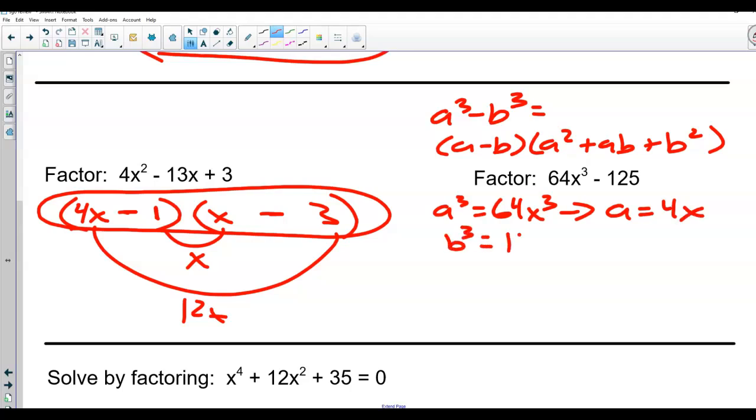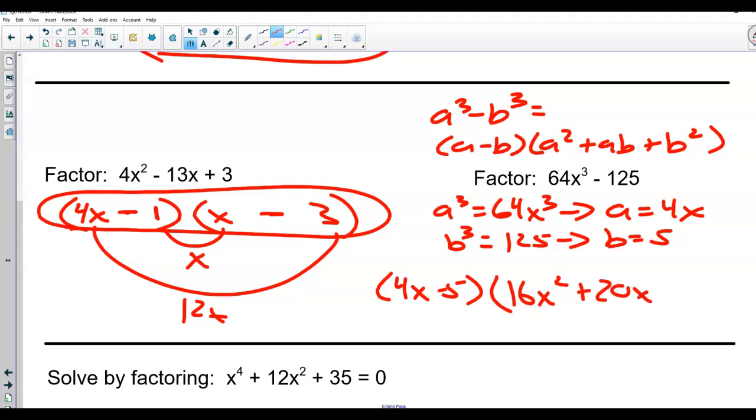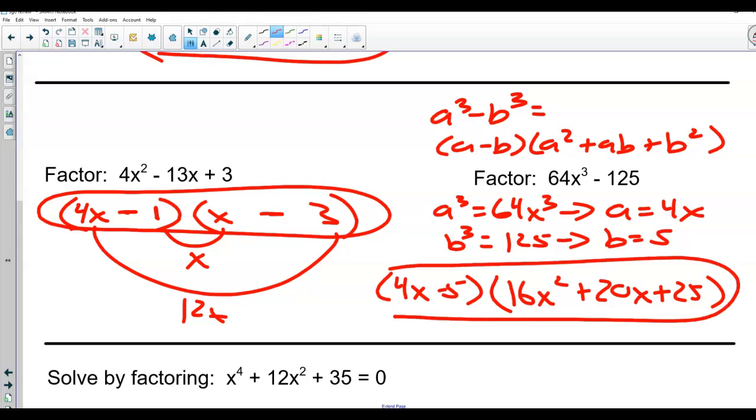If b cubed equals 125, then b equals 5, and we're just plugging the numbers in. 4x minus 5. The quantity a squared, so it's not 4x squared, it's 16x squared. 4x times 5, 20x, plus 25. And those are our factors.